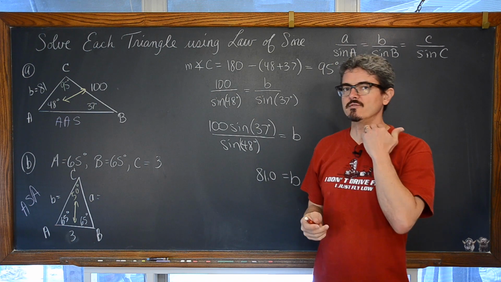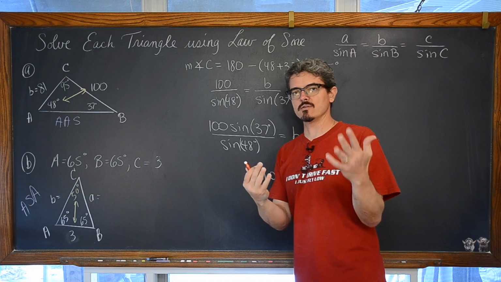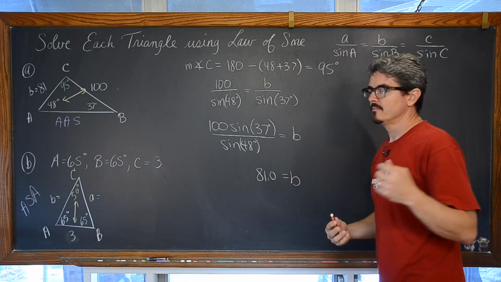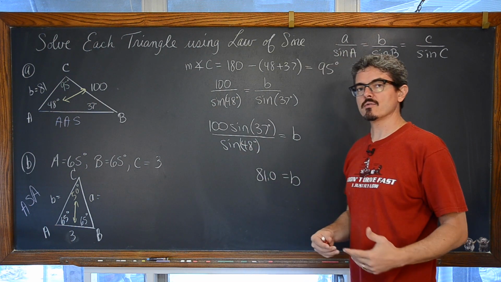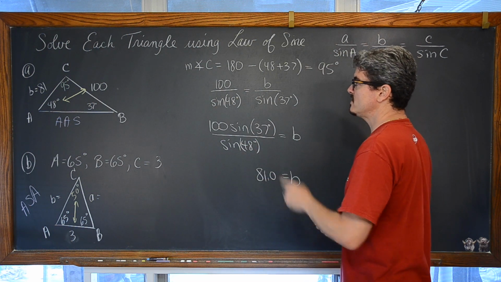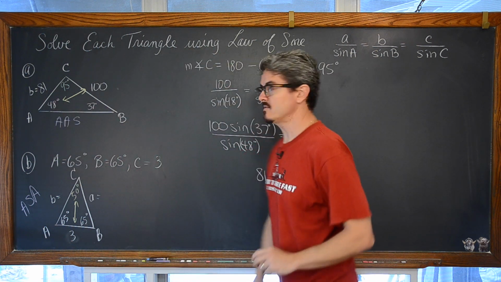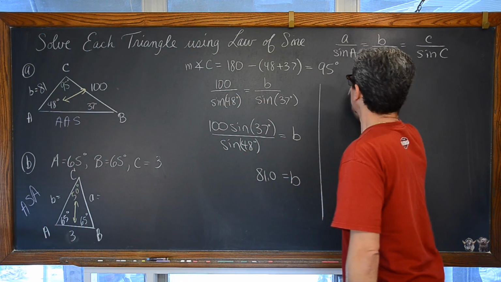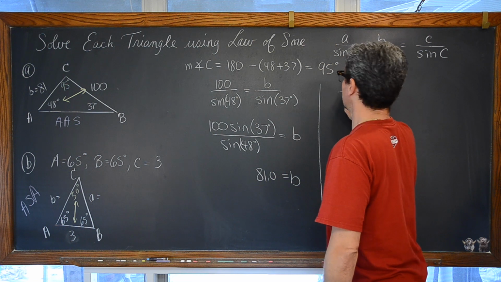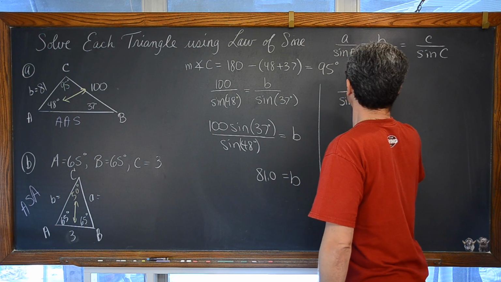That's not a good idea. If you can ever avoid using information that you found yourself, you don't then carry that error through to another part. So we're going to once again use the given information of 100 and the 48 degrees and say that we have 100 over the sine of 48 degrees.